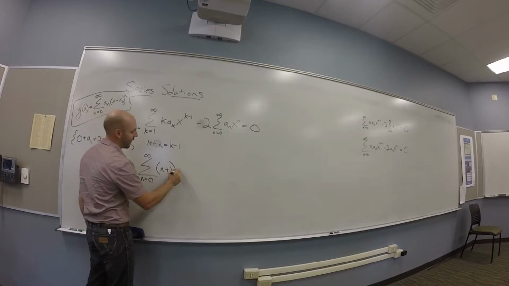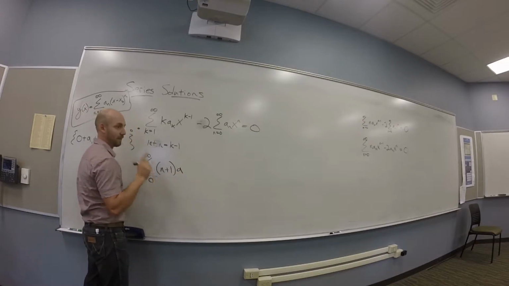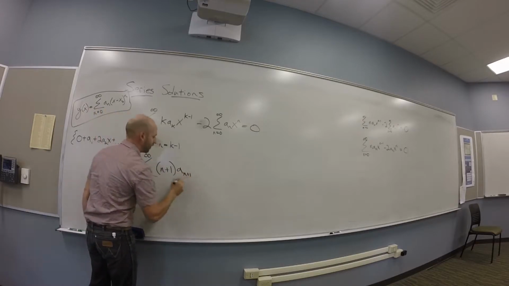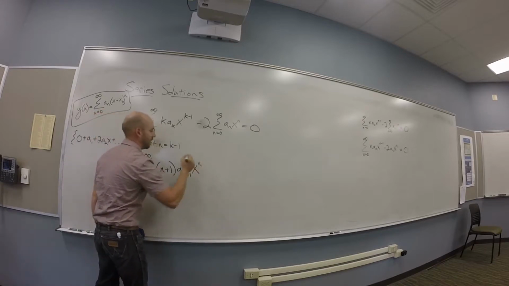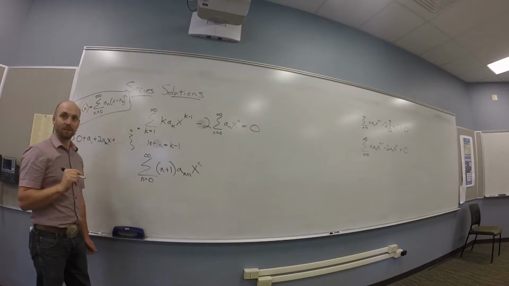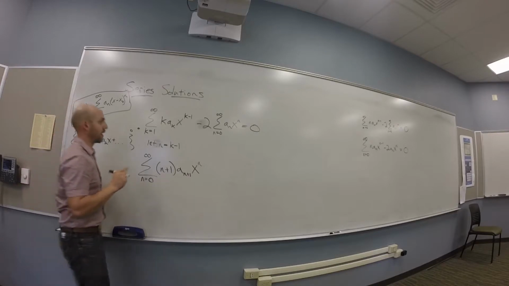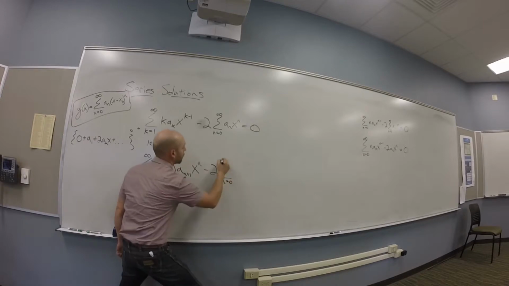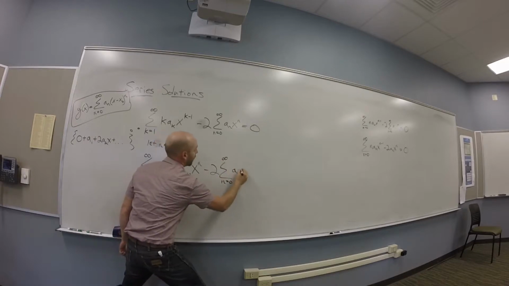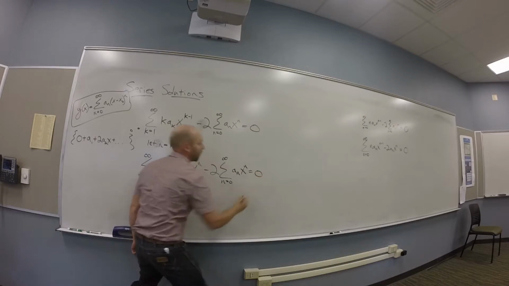And then your a sub n plus 1, and you have an x to the n. You guys with me? And then I have minus 2 times the sum from n is 0 to infinity of a_n x to the n.